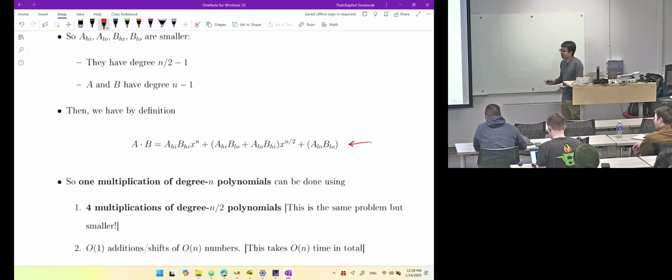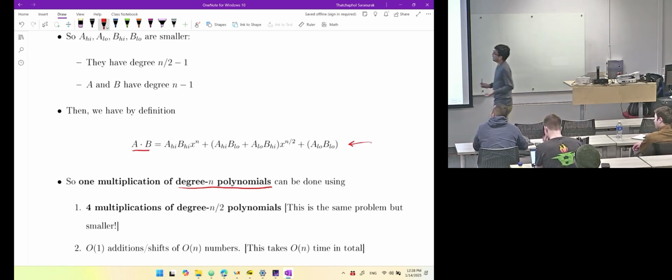And just from this expression, you can see that it already suggests a divide and conquer algorithm, because on this side you want one multiplication between 2 degree n polynomials, and it equals this thing. What does it look like here?